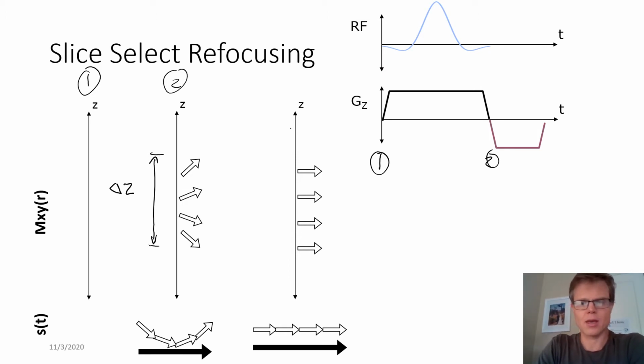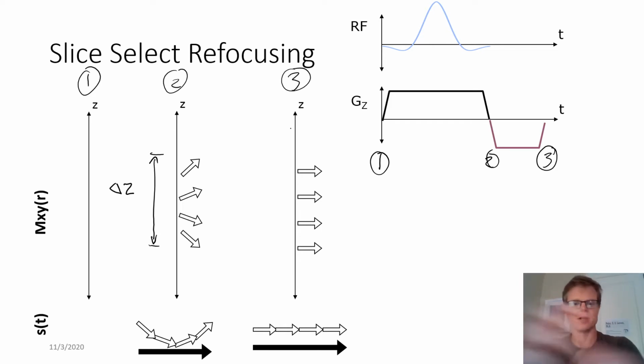And so what this slice select rephasing, a refocusing gradient, does is it basically unwinds this. It's going to add some phase, or some rotation, that depends on the spatial position, and put all the spins across our slice in phase.